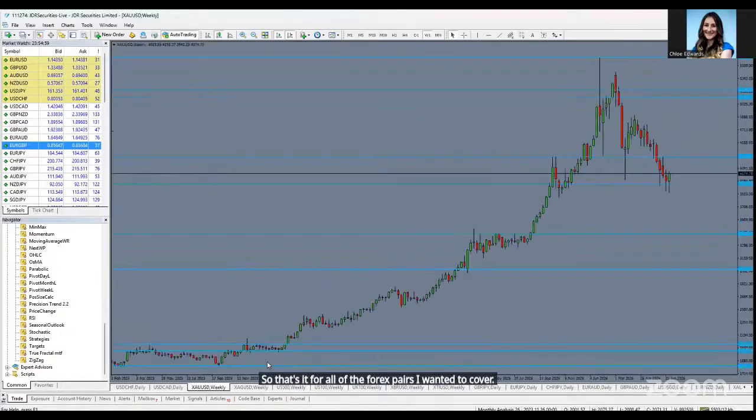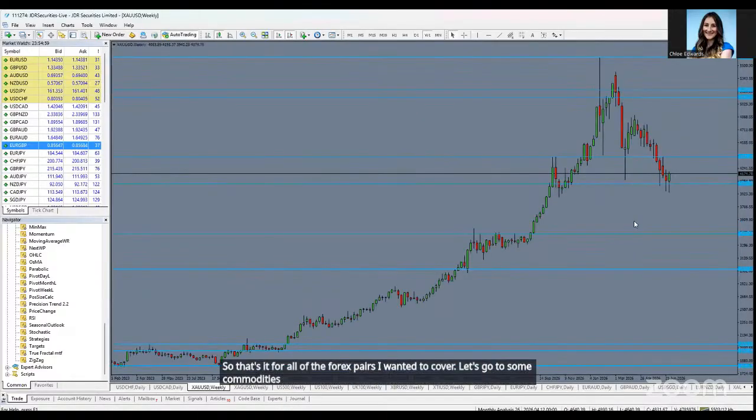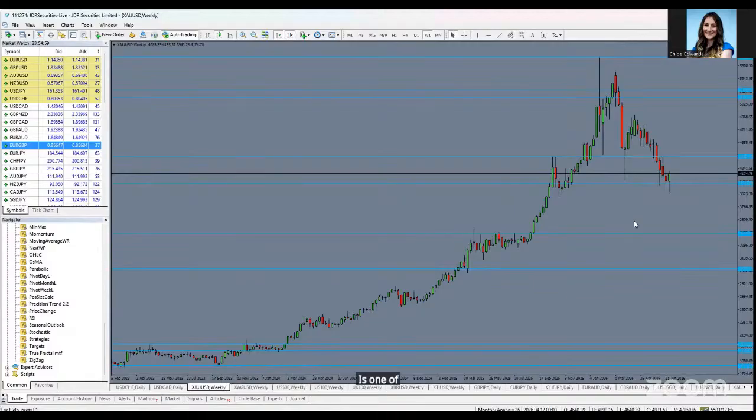Let's go to some commodities. So gold is one of the main things that I love to trade. The weekly time frame here has been bearish. However, there is a horizontal level just here, and last week we actually had a bullish candle.